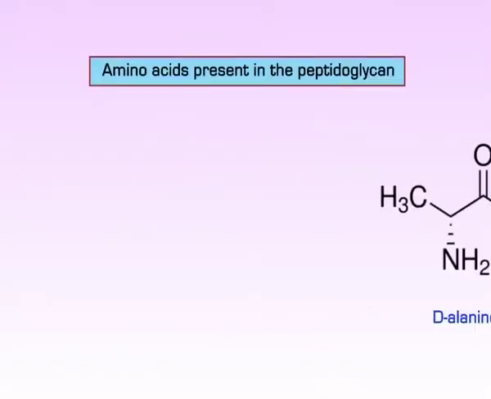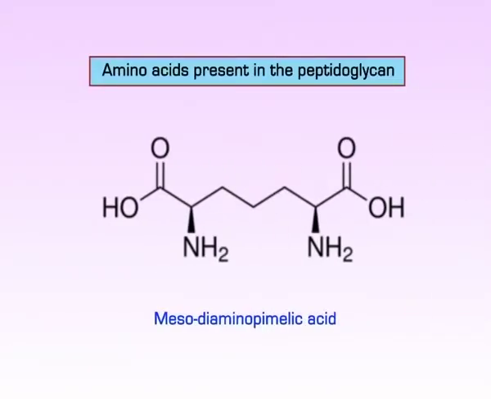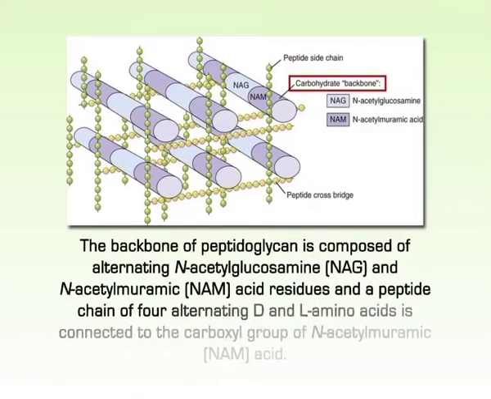D-glutamic acid, D-alanine, and meso-diaminopimelic acid are some of the amino acids present in the peptidoglycan. The backbone of the peptidoglycan is composed of alternating N-acetyl glucosamine and N-acetyl muramic acid residues, and a peptide chain of 4 alternating D and L amino acids is connected to the carboxyl group of N-acetyl muramic acid.